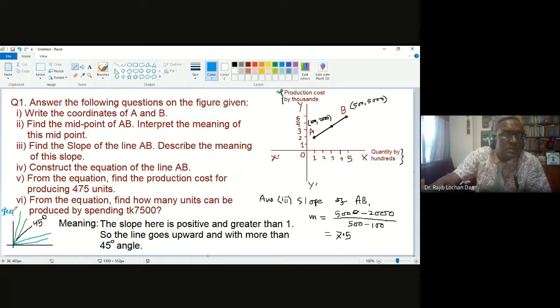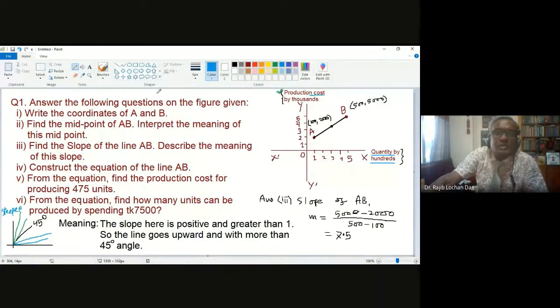Steeper means it goes fast. What does that mean? It means if you produce more quantity, the production cost will also be more. More to the right side, more and more quantity, so more and more production cost.